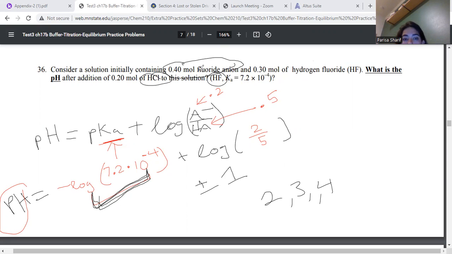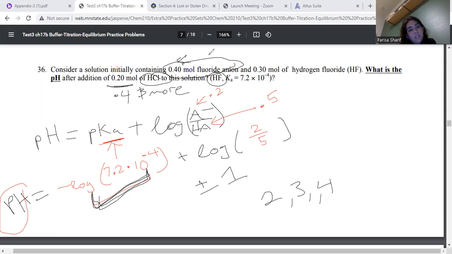And here it hasn't. We only had 0.2 of this, but we had 0.4 of this. The buffer wasn't broken. We would have to have 0.4 and more to pass this equivalence point and break this buffer. So that's how I knew that this pH would be less than 1.